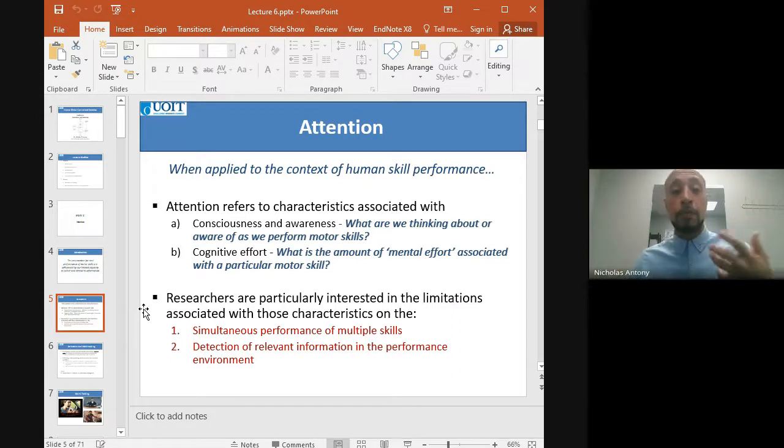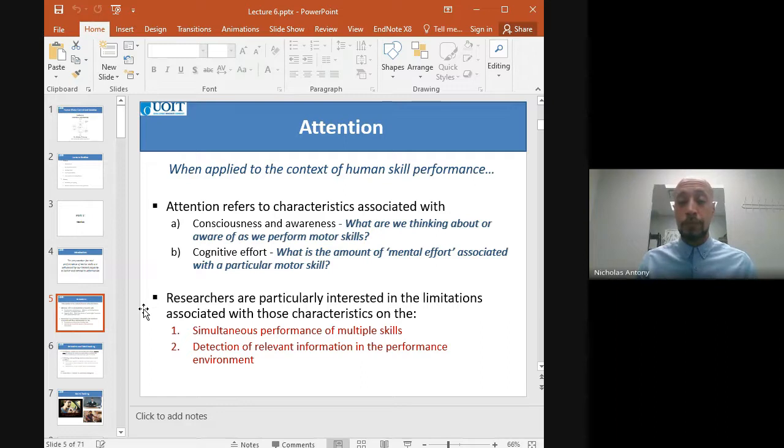So as I'm hitting a baseball, I am paying attention to what the coach said in terms of the way the pitcher is going to pitch the ball, for example. Attention could mean what the person's mind is focusing in on as they're performing a motor skill.